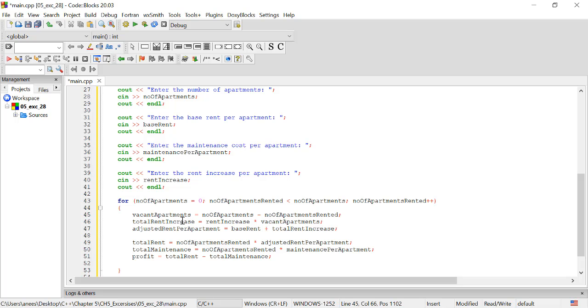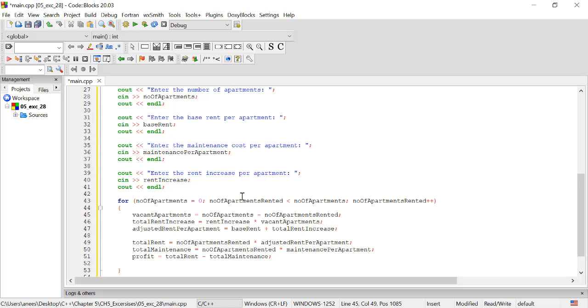Now you can see here, total rent increase is equal to the rent increase times the number of vacant apartments. This pretty much means that you can just add the base rent to the total rent increase to get the adjusted rent per apartment.